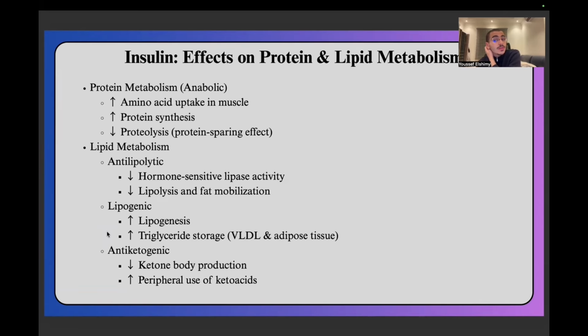And one thing that is really important is that insulin is anti-ketogenic. So it decreases the ketone body formation or production, and it increases the peripheral use of keto acids. So what happens in diabetes type 1, we're going to talk about it, is that you don't have this protective effect of insulin. So what happens is that there would be unopposed action of the glucagon.